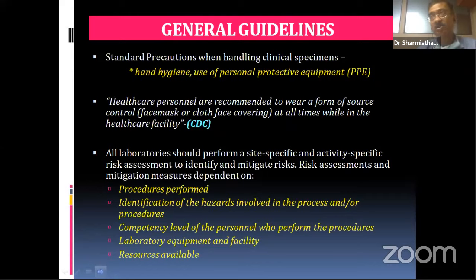That depends on which procedure you are performing and what kind of hazards are involved in the process, the competency level of the person performing the procedure, the facilities and equipment of your laboratory, and also the resources available.